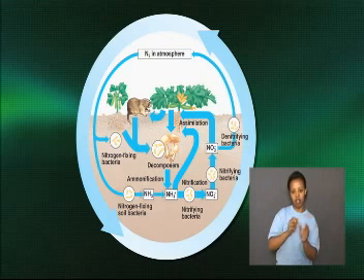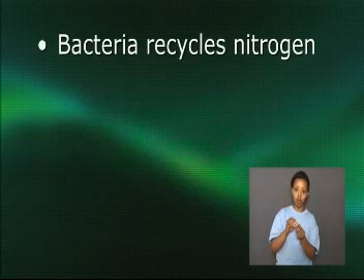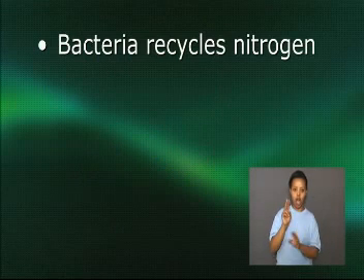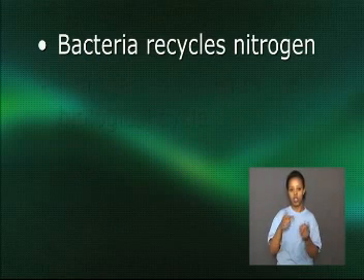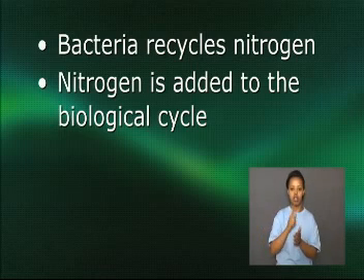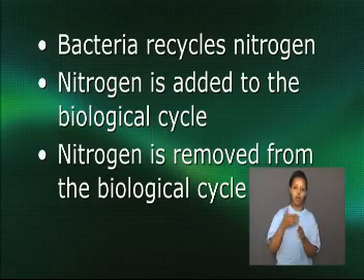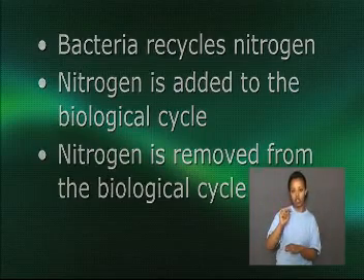The nitrogen is returned to the air and reduces the amount of nitrogen in the soil. To summarize, bacteria recycle nitrogen. They add nitrogen to the biological cycle and then remove nitrogen from the biological cycle.